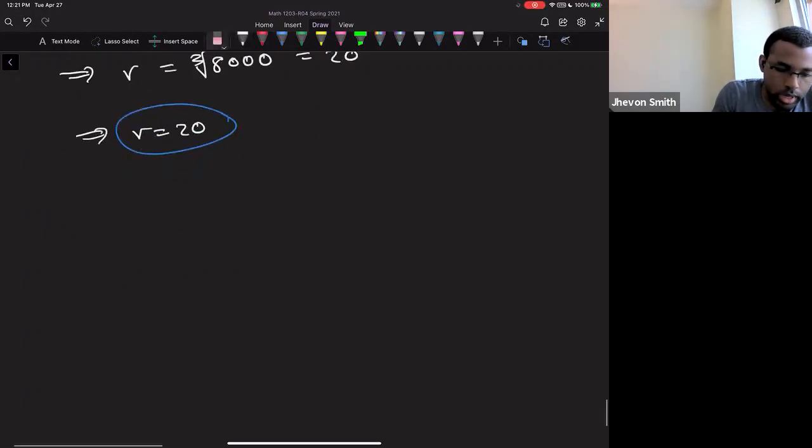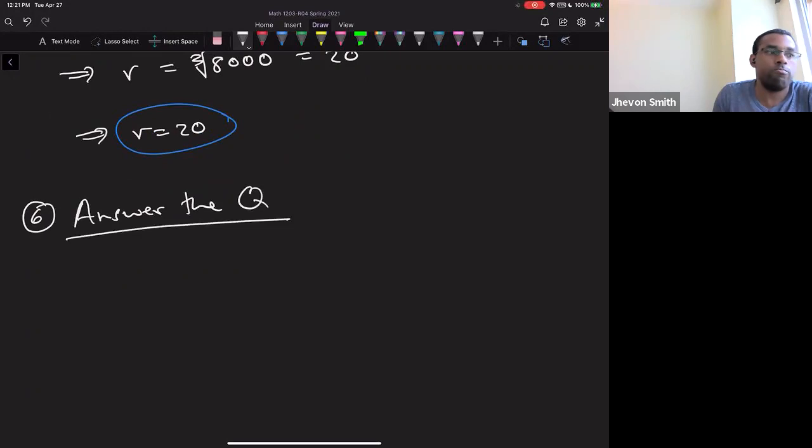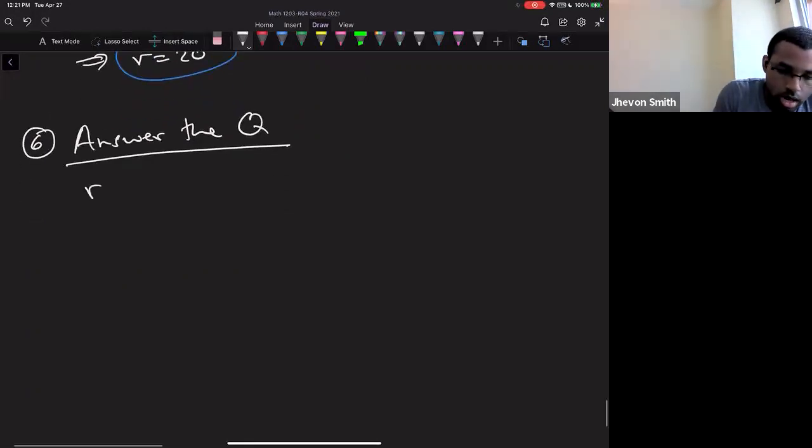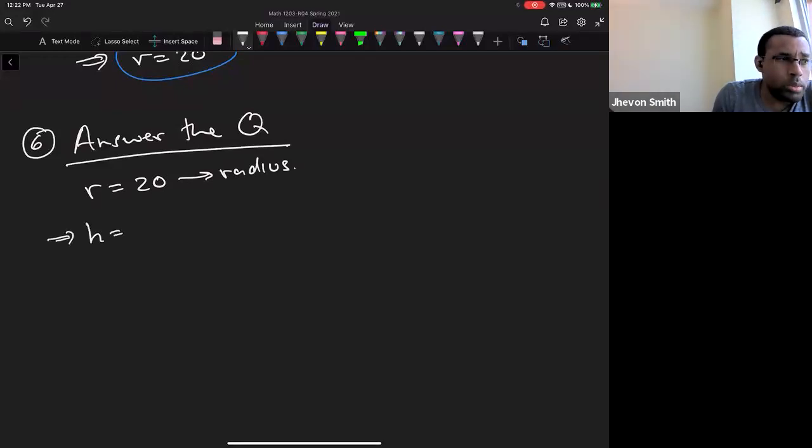Now, of course, step 6, I'm going to answer the question. So we need the dimensions. We know that r equals 20 is the radius. So this means that h, which is supposed to be 8,000 over r squared, which in this case is going to be 8,000 over 20 squared is 400.